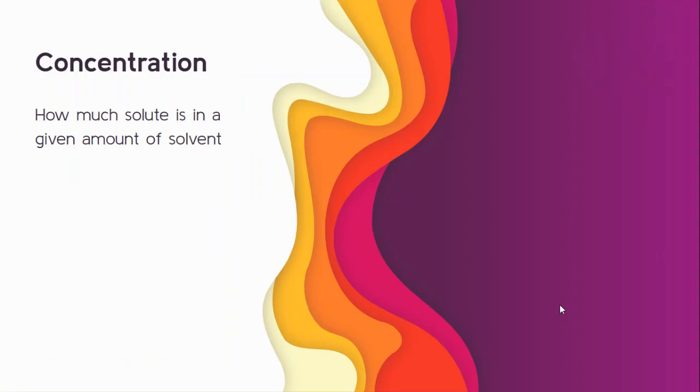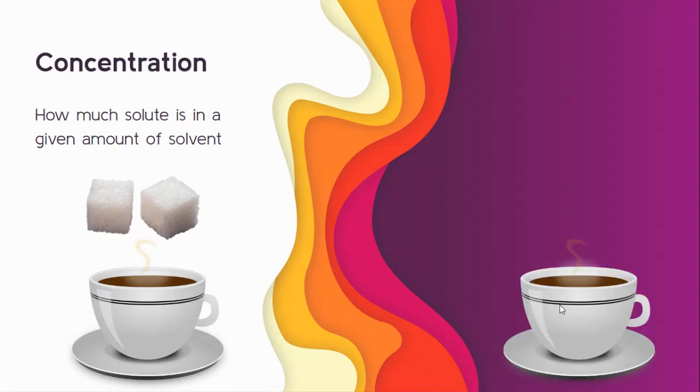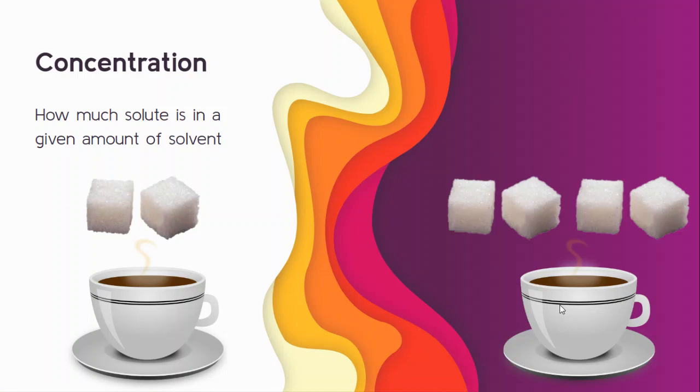Now, when we think about how much solute is in a given amount of solvent, that is called a concentration. So for instance, if I have a cup of coffee and I put 2 sugar cubes into my cup of coffee, and my friend is also having a cup of coffee, but they put 4 sugar cubes into their coffee, which person will have the more concentrated coffee?